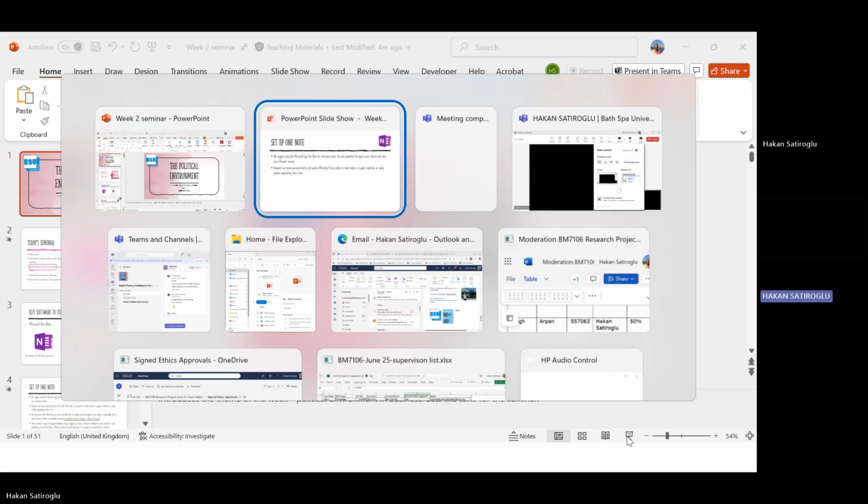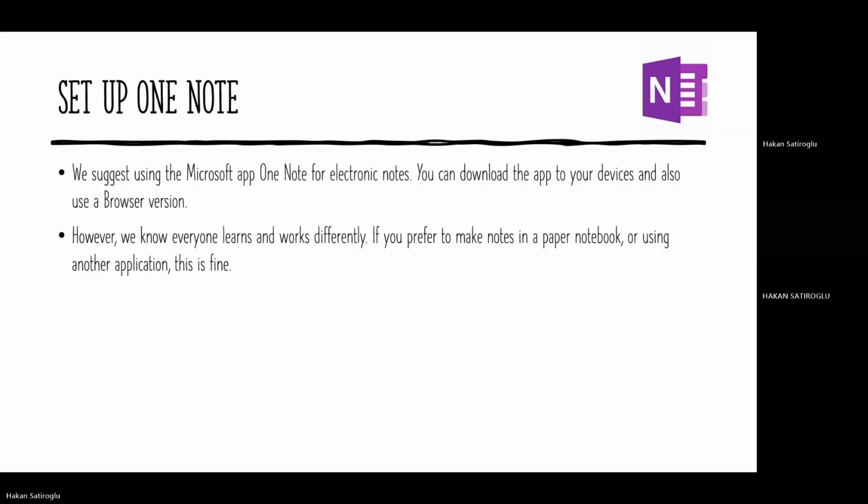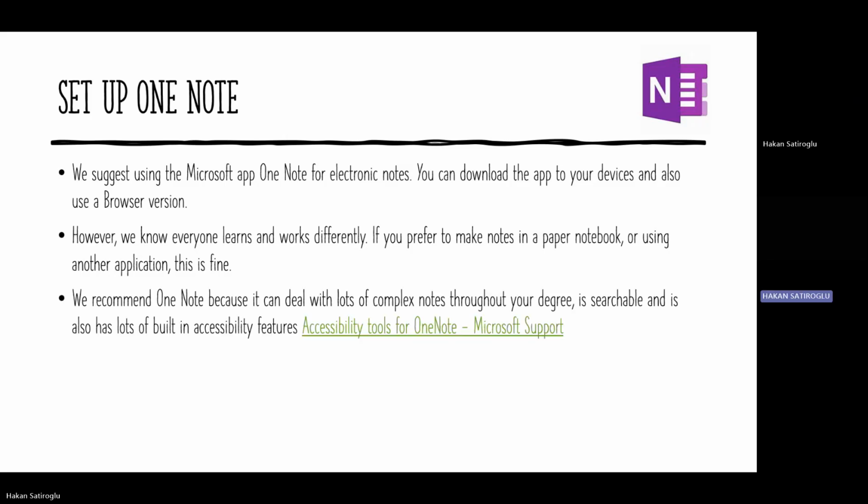We recommend OneNote as a school because this is a free application. It can deal with lots of complex notes throughout your degree, is searchable, and also has lots of built-in accessibility features. And you may find some new things inside as well.